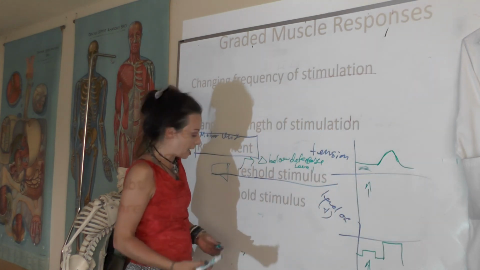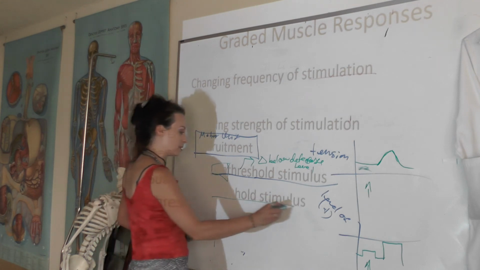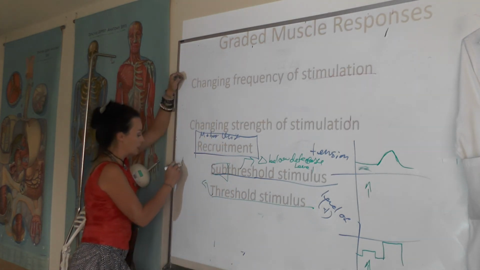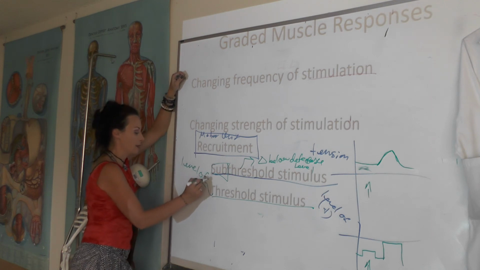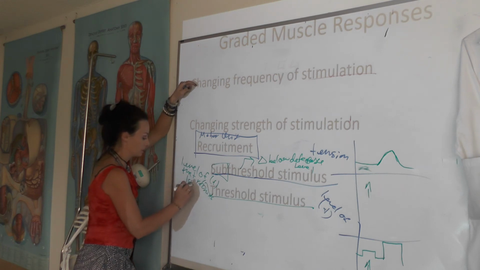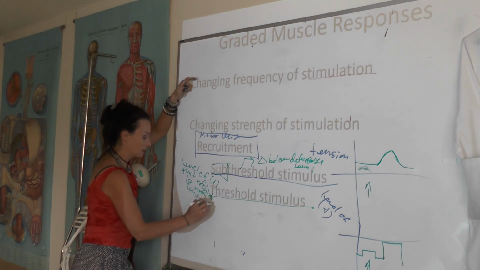So threshold stimulus is the level of stimulation that recruits the first motor unit in the muscle. What's a motor unit?